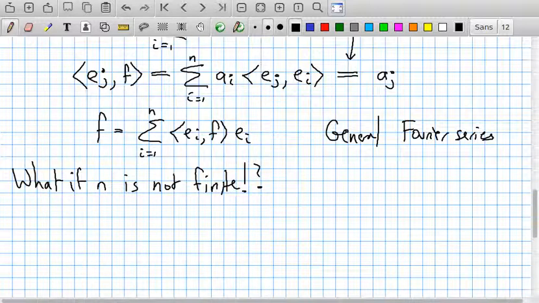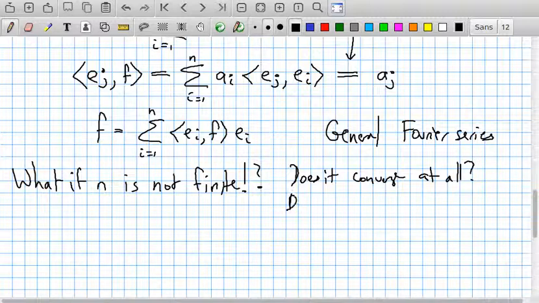Well, two bad things can happen. The first thing is that maybe this thing converges to something, and it ain't f. Oh, well, no, we know that's not going to happen. But what if it doesn't converge at all? That's sort of the first problem. And the second problem is, well, does it converge to f? Does it converge at all?